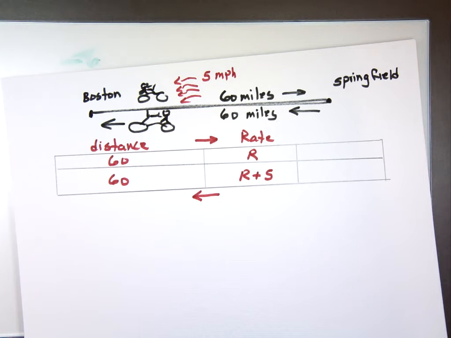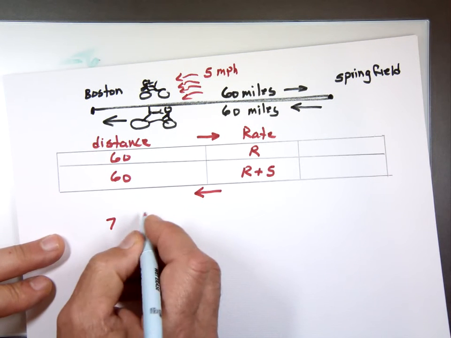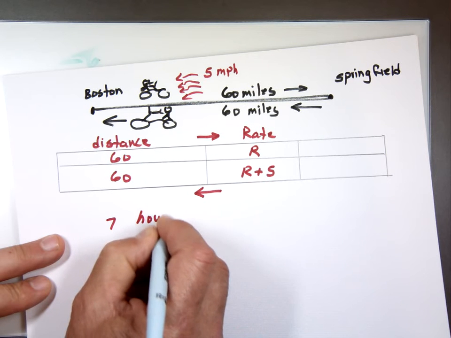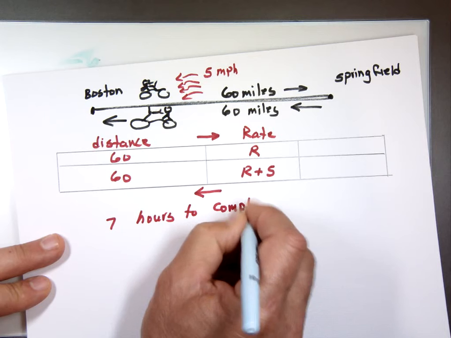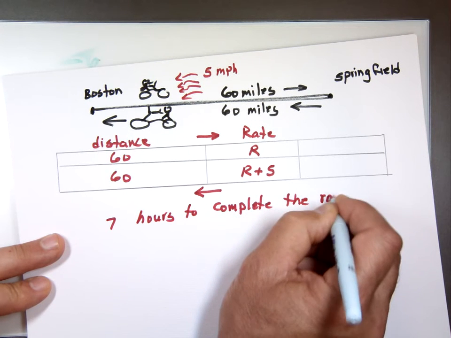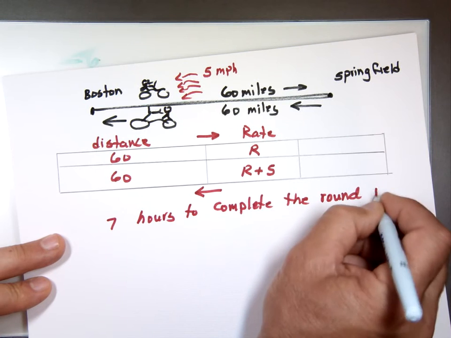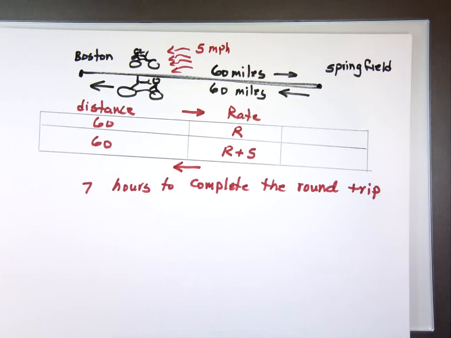And time. Let's say it took you 7 hours to complete the round trip. That means, if you remember, there's one equation about distance, rate, and time.